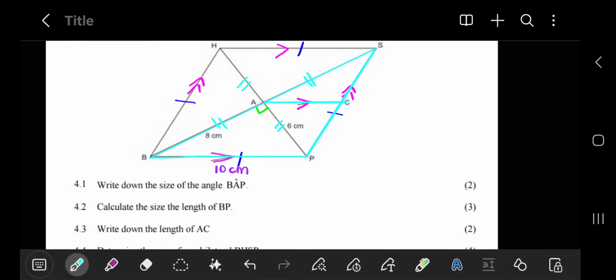From the midpoint theorem, what we know is that these two sides that are parallel are in a ratio of 1:2. So if this is 10 centimeters, AC has to be 5 centimeters. Now that makes sense why this question is only 2 marks: 1 mark for saying that AC is 5 centimeters and 1 mark for your reason.